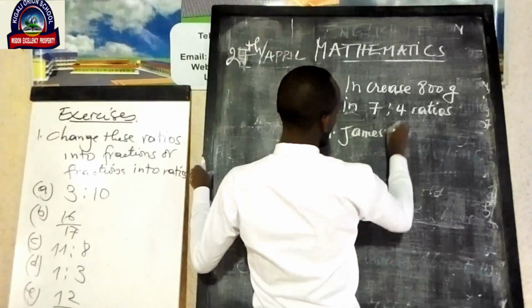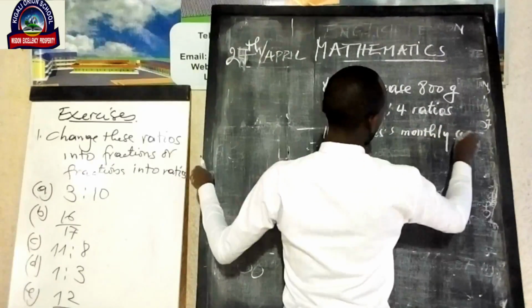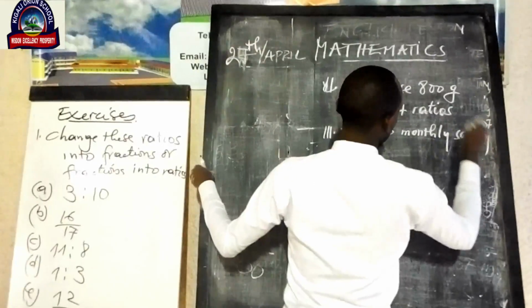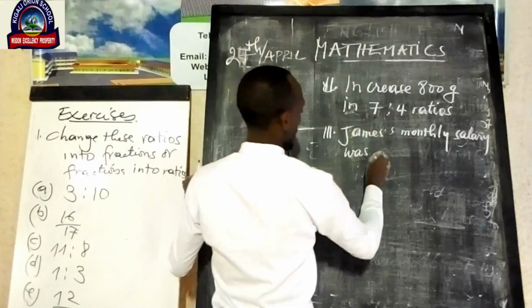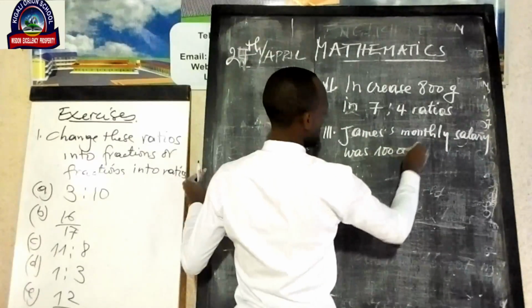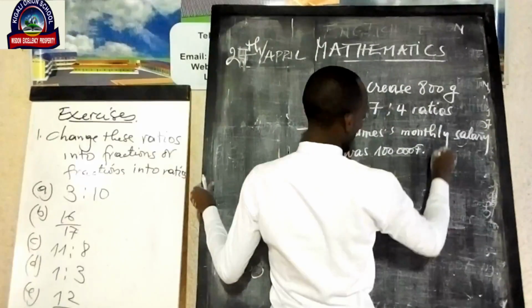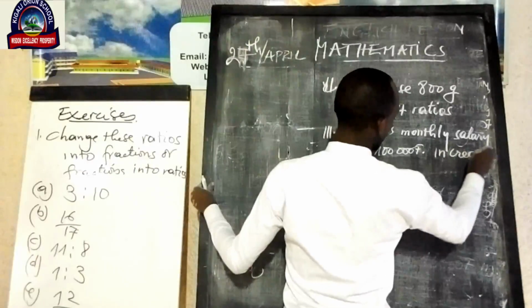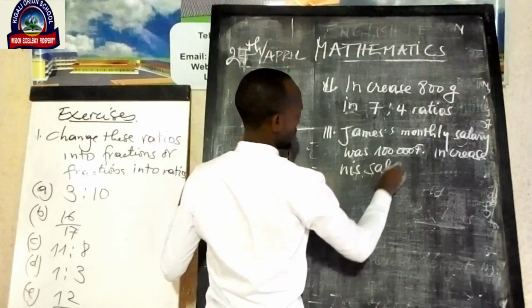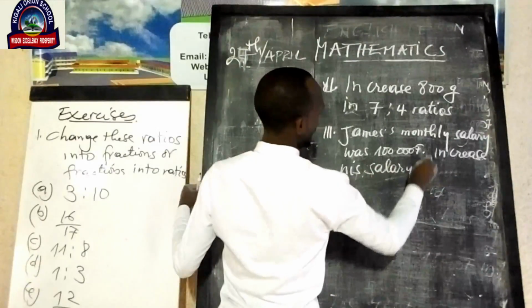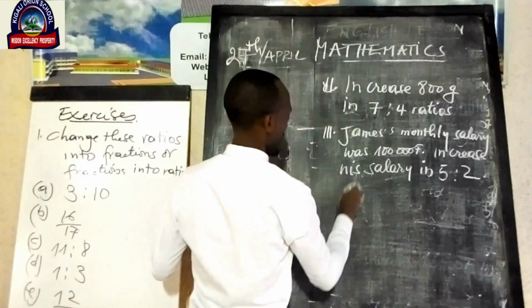James's monthly salary was 100,000 francs. Increase his salary in 5:2 ratios.